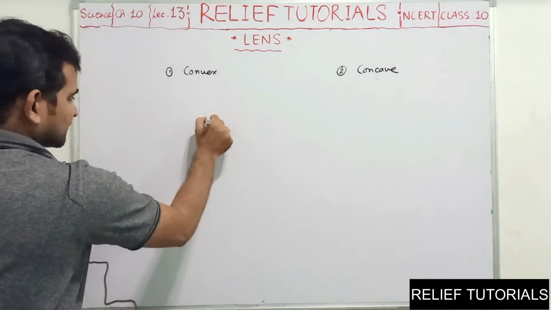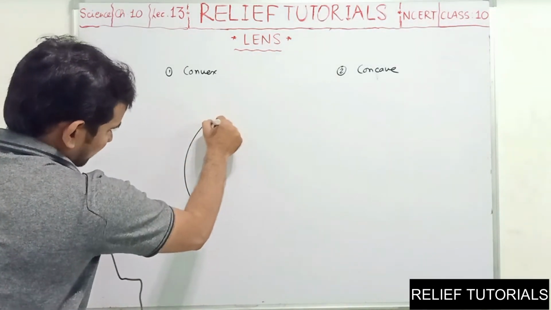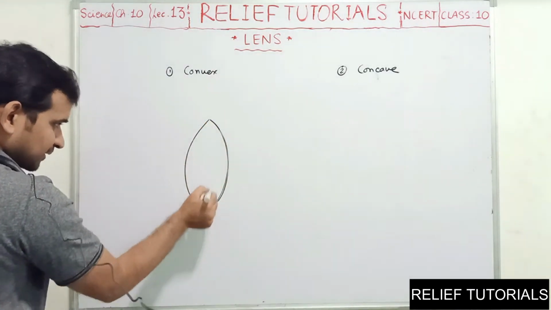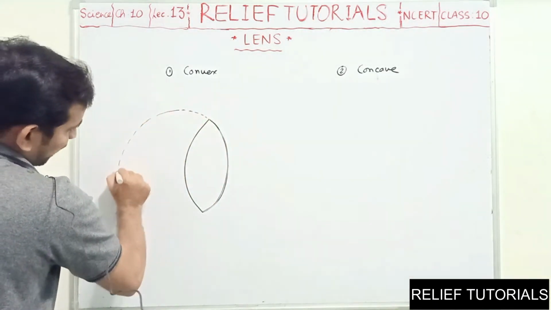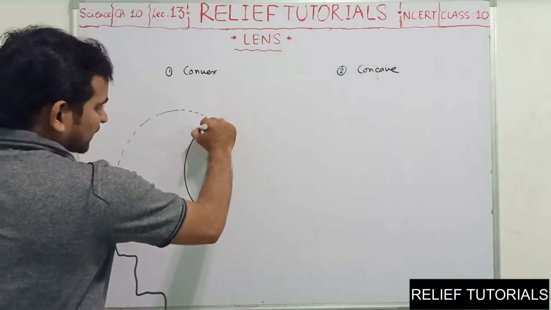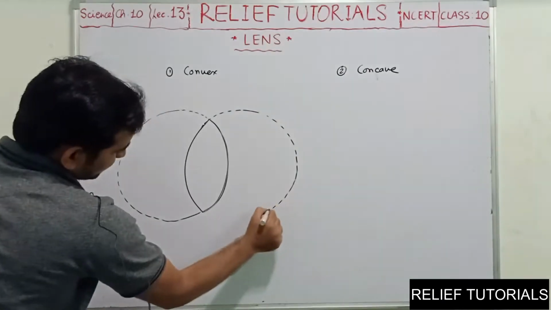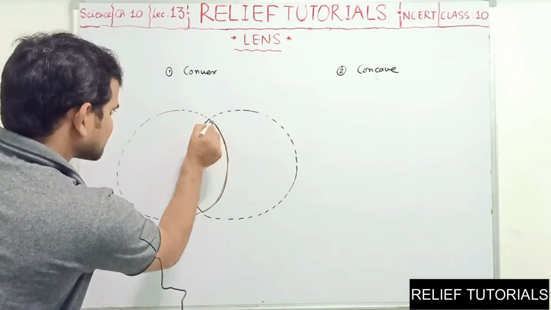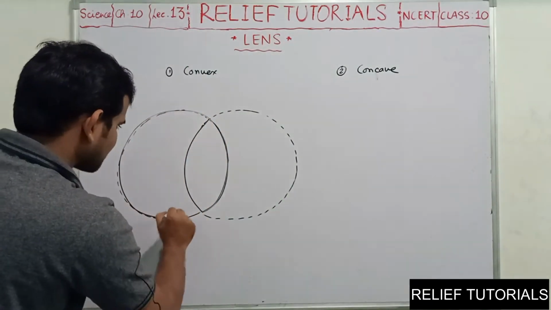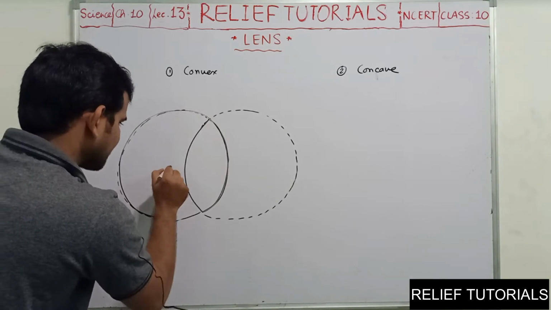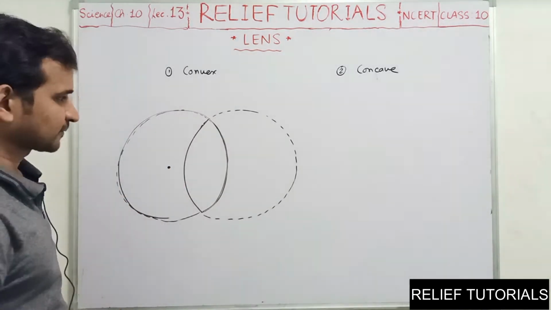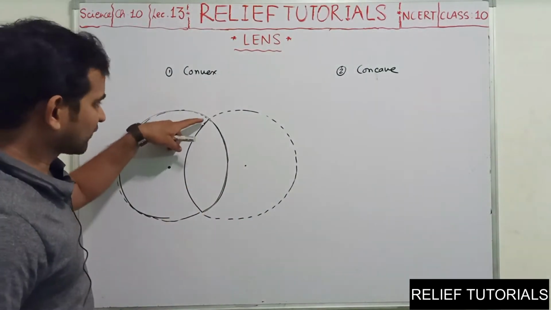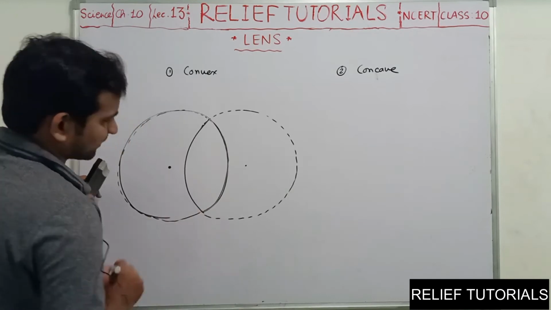Again consider one of the convex lenses. For this interface you can consider a solid sphere of glass, and this is another solid sphere of glass. This can be the center of the first solid sphere, and this can be the center of the other solid sphere made up of another refracting surface.